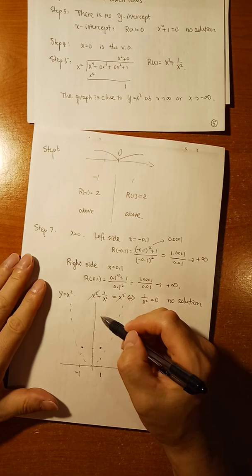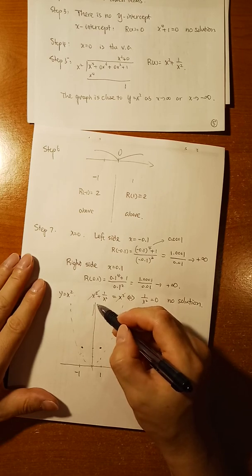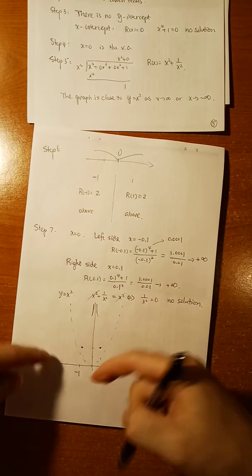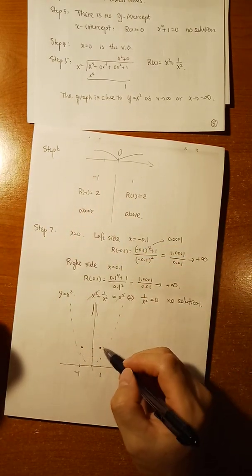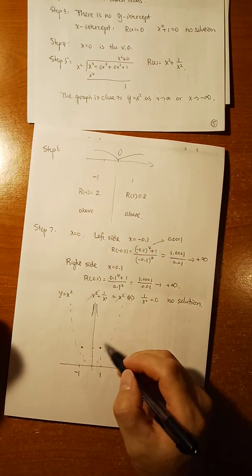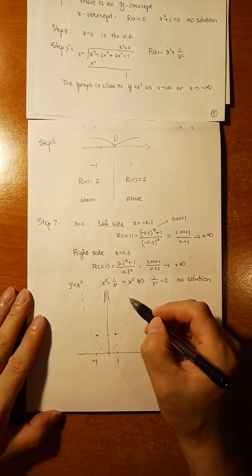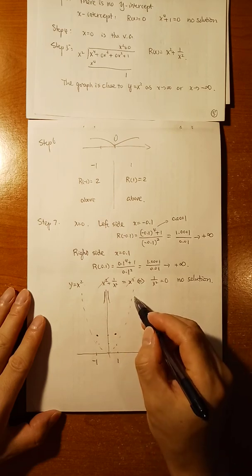And when x approaches 0 from the left side or right side, they both approach infinity. So it goes this way. There's no downturn because they both go to positive infinity. And if you let x approach infinity to the right or to the left, it will be close to this graph.